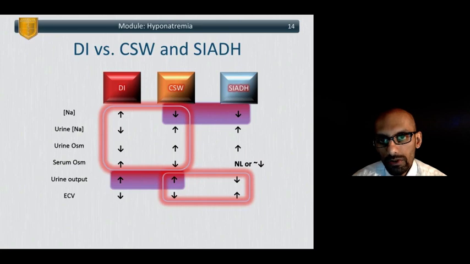So if you start with cerebral salt wasting versus SIADH, the clinical stem is going to give you a patient that's hyponatremic. So when you see low sodium, you immediately have to think of one of these two. There's a variety of things that can point you in the direction of one versus the other. With cerebral salt wasting and SIADH, of those things, you can't use urine sodium, urine osmolarity, or serum osmolarity, because those tend to be kind of the same between the two.